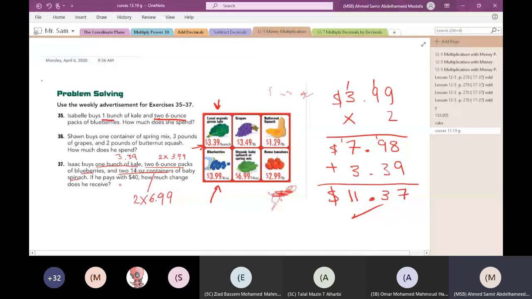And if he pays 40, how much does he receive? So what's the remainder? Basically we add this together.